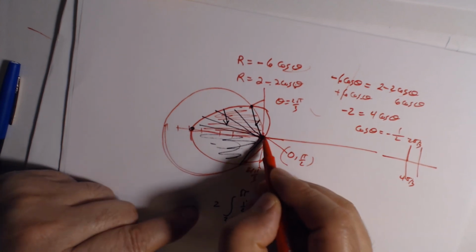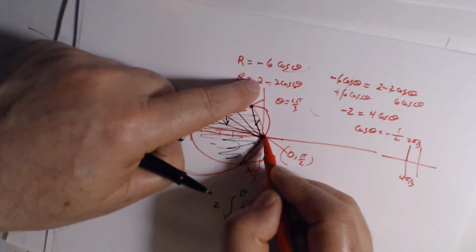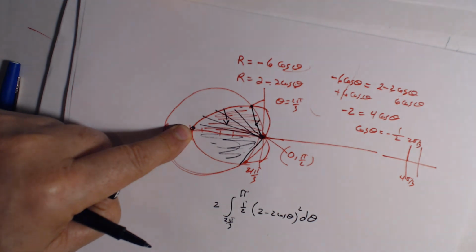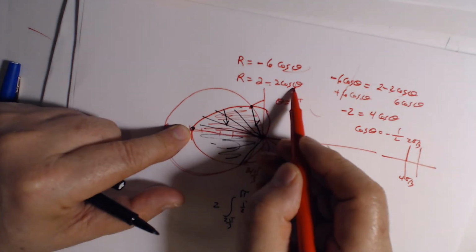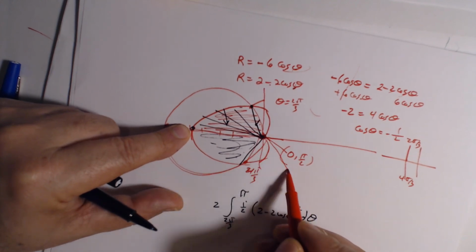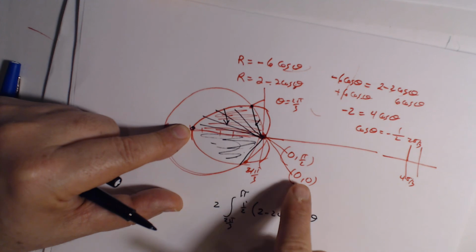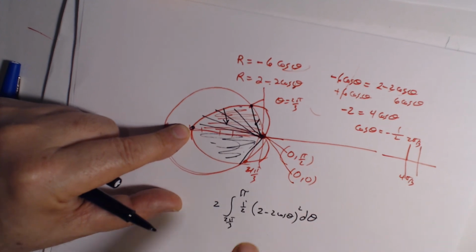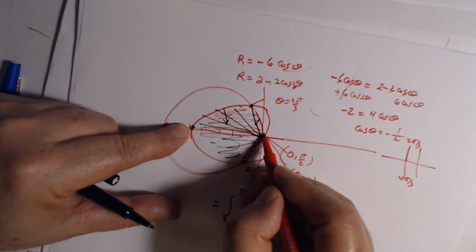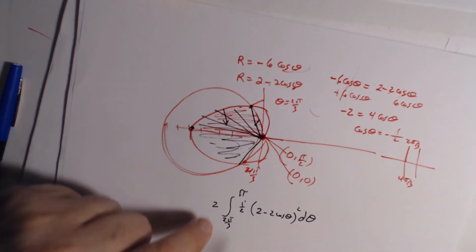If I was going to use the cardioid, when theta is 0, I get 0. Therefore, for the cardioid it is 0, 0. You cannot use 0 degrees. You've got to use the angle that belongs to the circle.